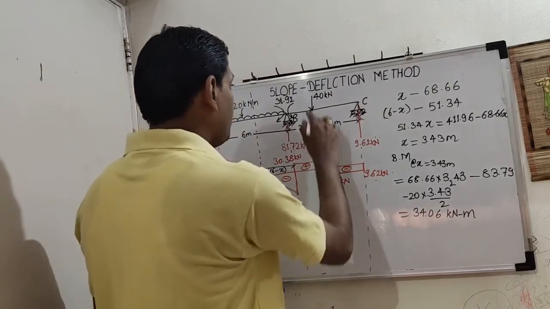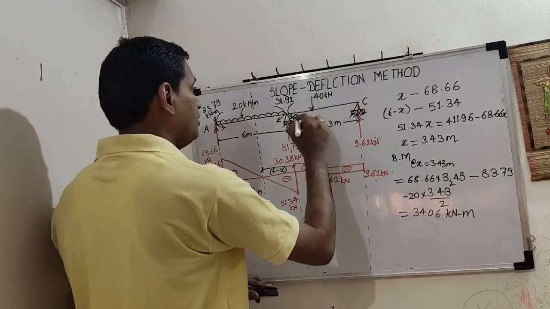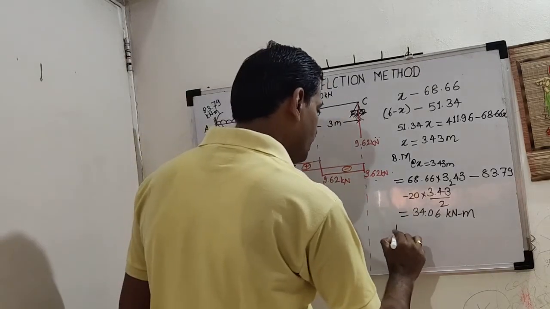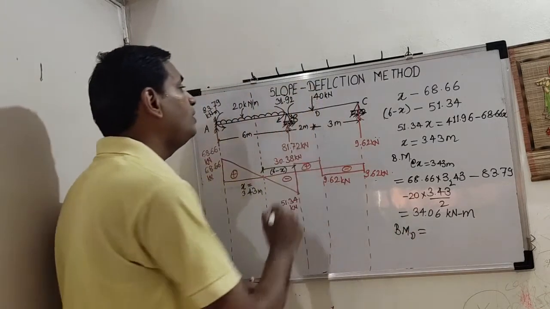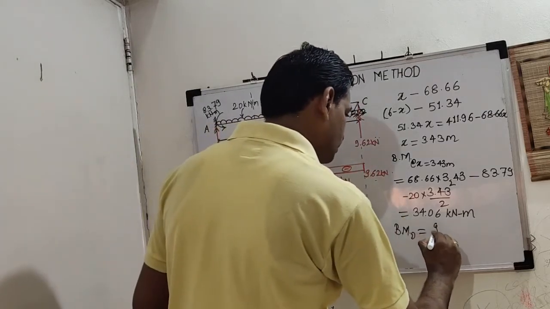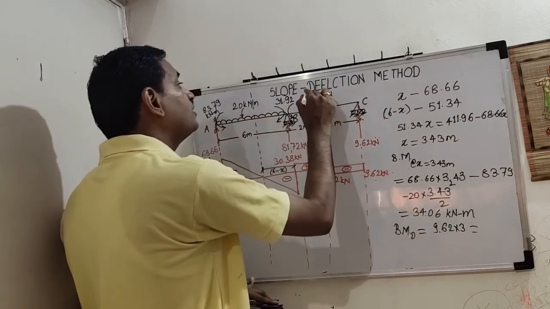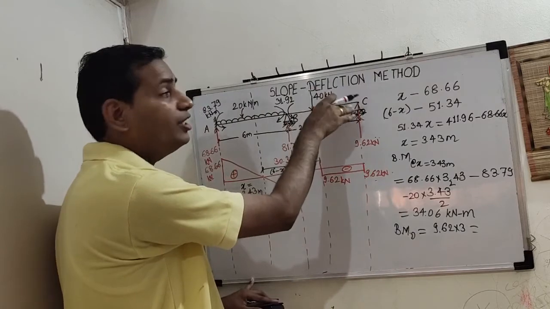Then similarly you get what is the moment here. We shall say this point as D. So bending moment at D is equal to 9.62 into 3. Now I have taken the section here. So this is the right hand side of the section.